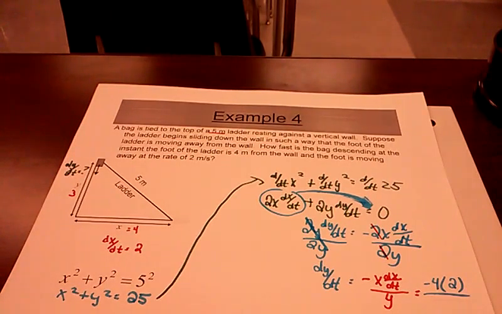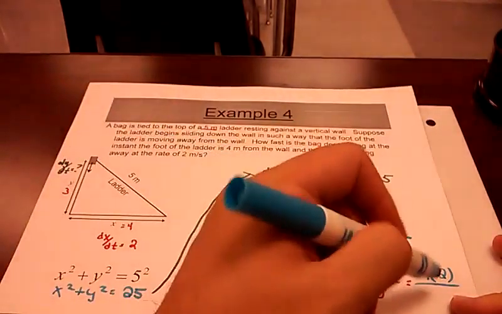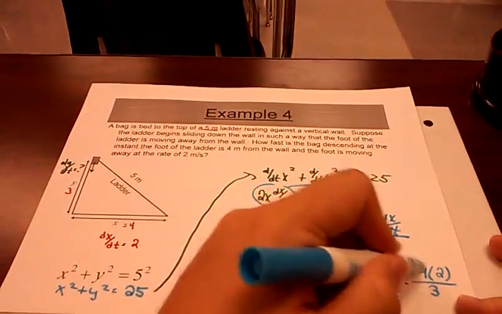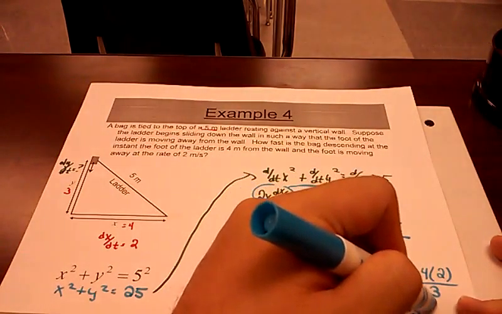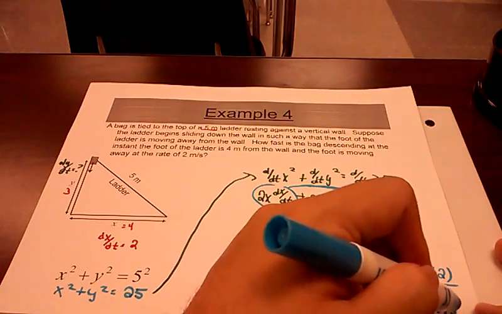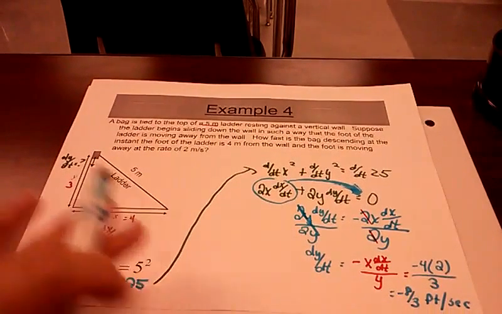Because 3 squared, which is 9, plus 4 squared, which is 16, is 5 squared, or 25. So y in this case is 3. So I'm going to have negative 8 over 3 feet per second. And then that would be the answer.